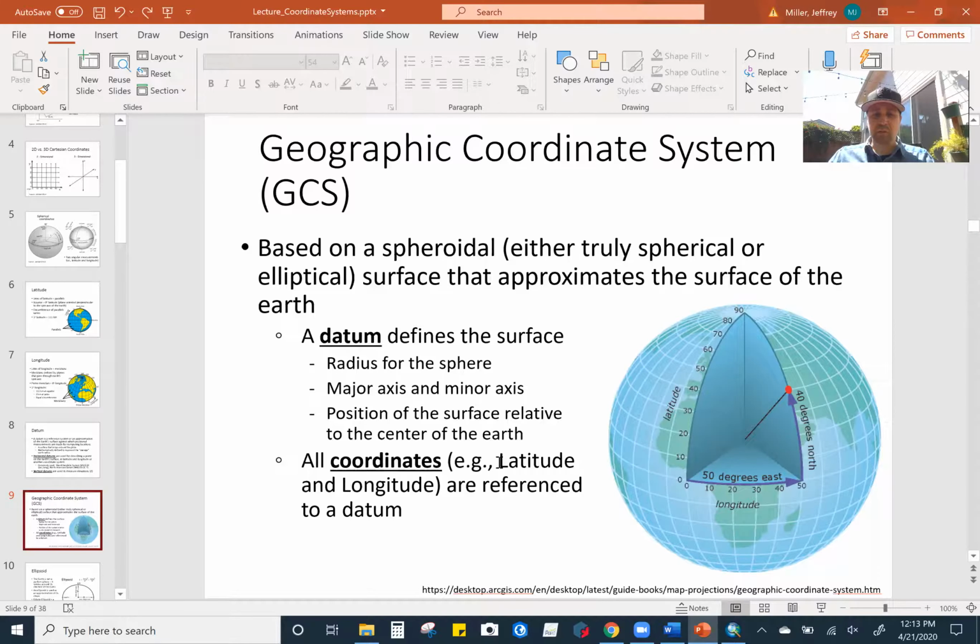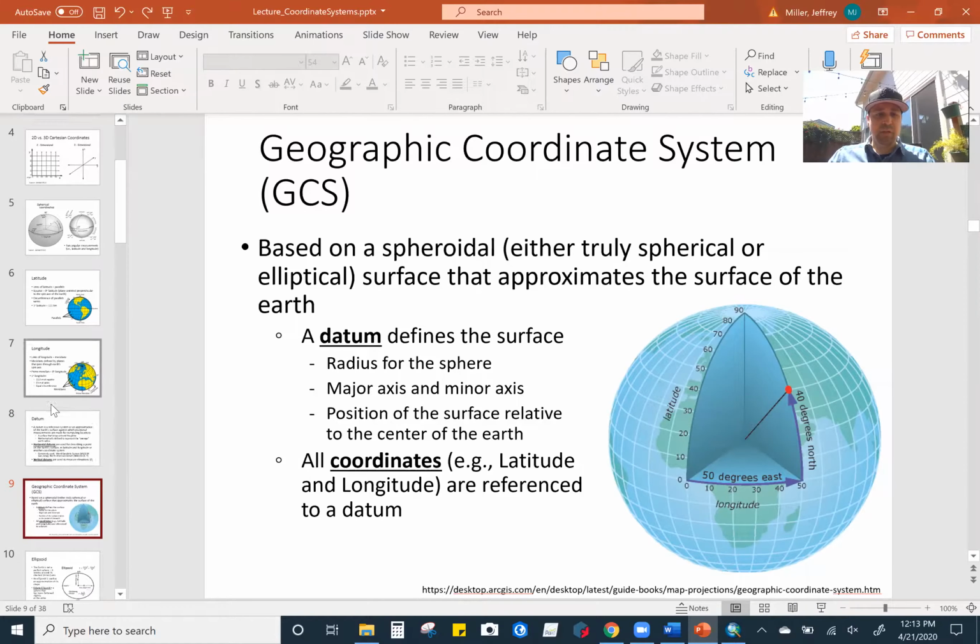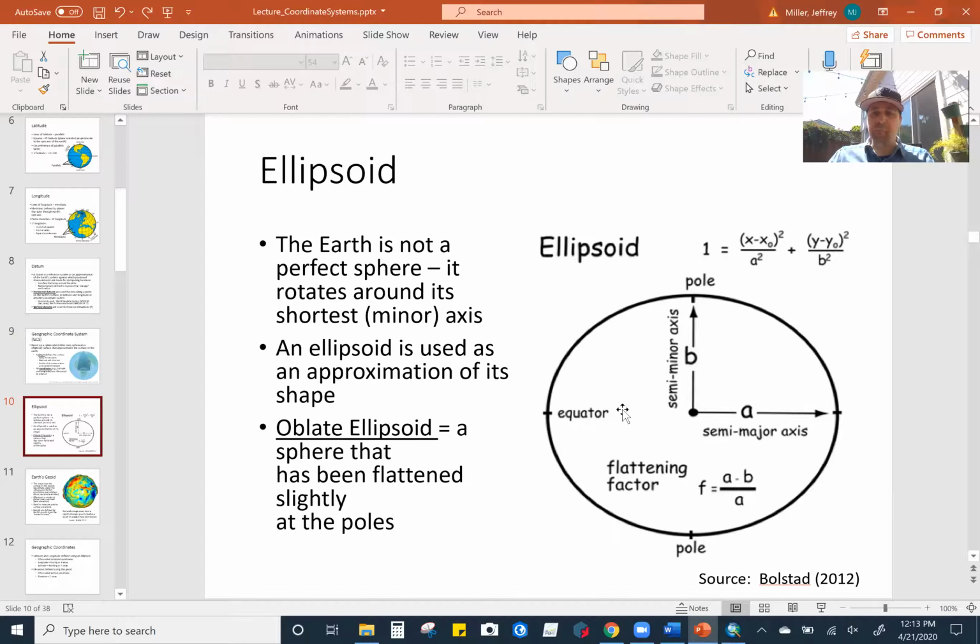So yeah, all coordinates are referenced to some type of datum. Now, we said spherical or ellipsoidal. Ellipsoid, we got to get that big word out of the way because that's an important one to understand. So an ellipsoid, I try to break this down in as simple a way as possible.